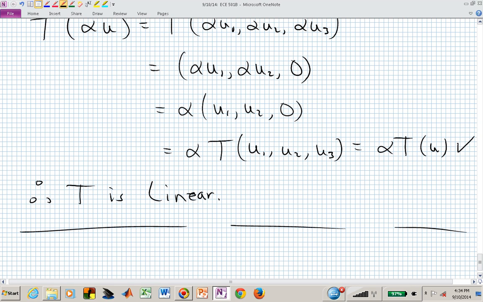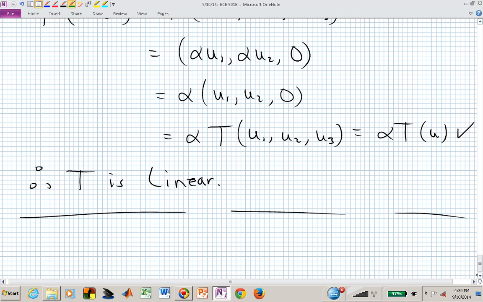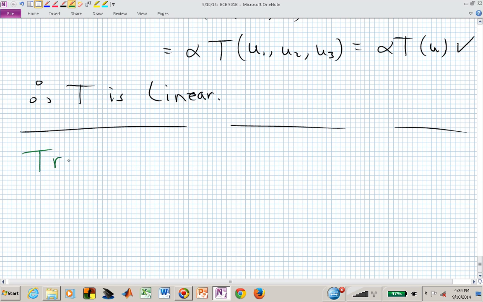Let's do another map. Let's now do a translation map. Now we don't need to include as many coordinates to get the idea.